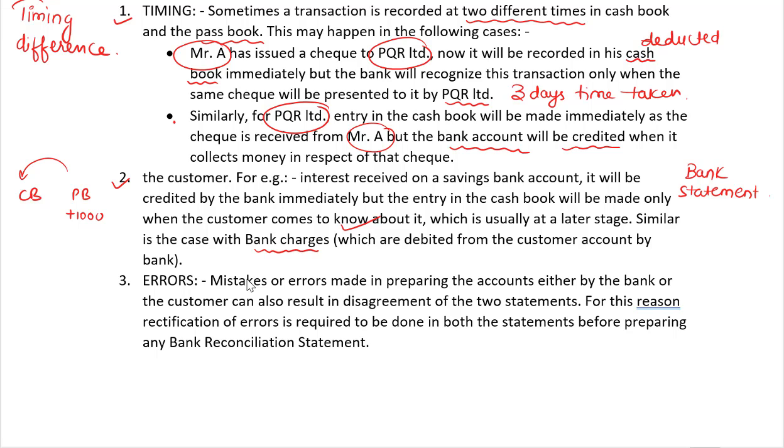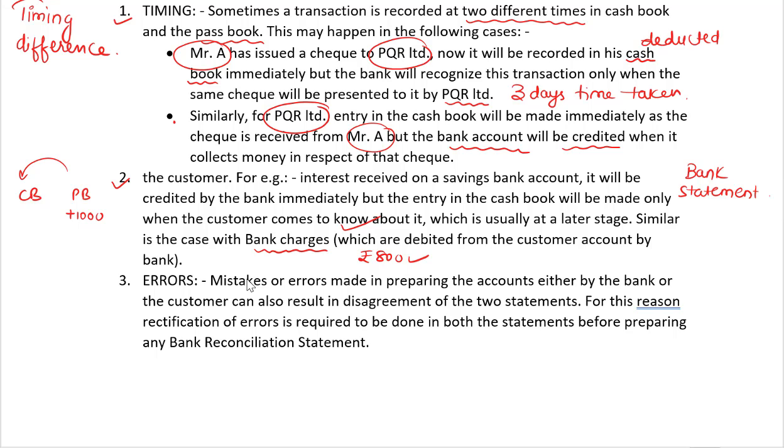In a similar manner, it may happen that many a time the banker will also charge bank charges. Supposing you lost your debit card or credit card, you requested the bank in online mode to issue a new debit or credit card. The bank has charged you 800 rupees for that. The banker will not come to your place or your company and ask for 800 rupees in cash or cheque.